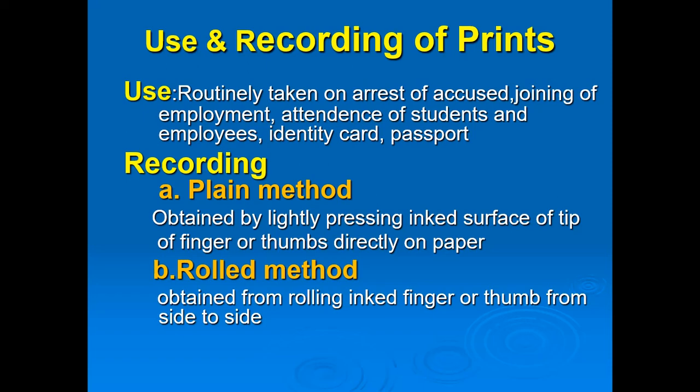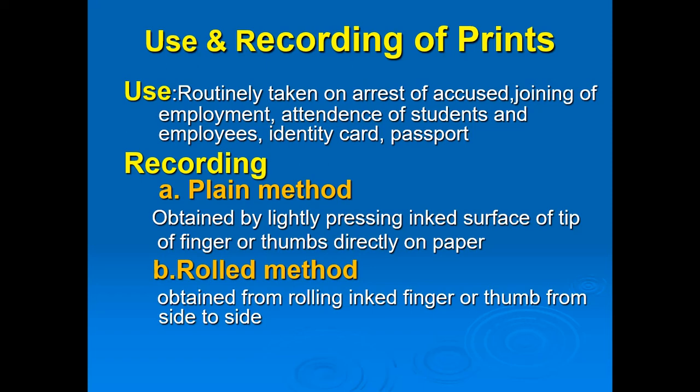wherever they are required. Now how they are recorded or taken, there are two methods, plain method and rolled method. So everyone has the experience, I think, that his or her prints have been recorded in some way or the other, in a bank or ID card or somewhere. So what happens in the plain method, it is obtained by lightly pressing the inked surface of the tip of a finger or thumb directly on paper.